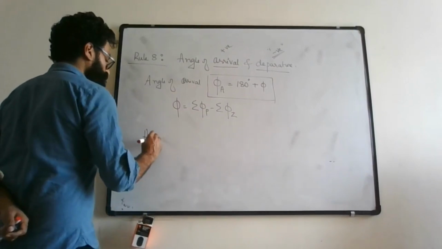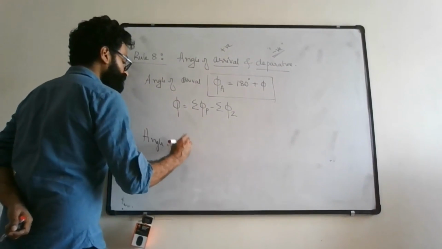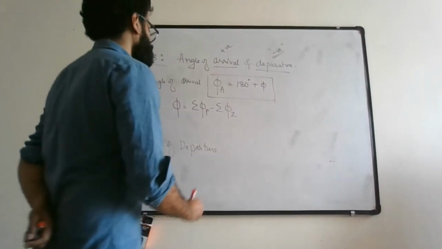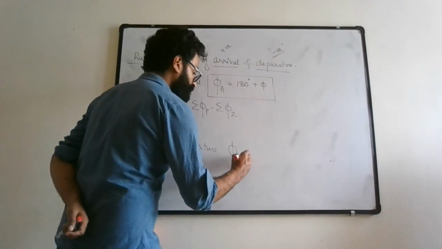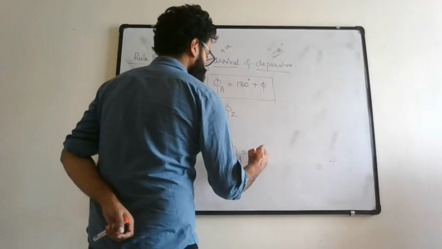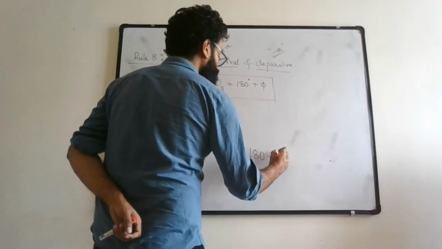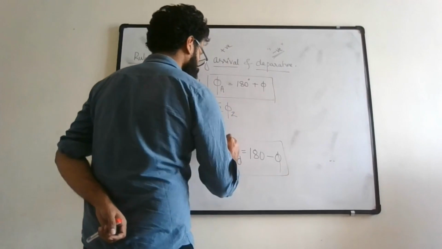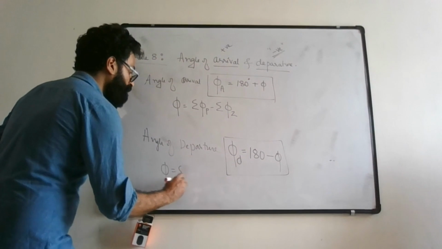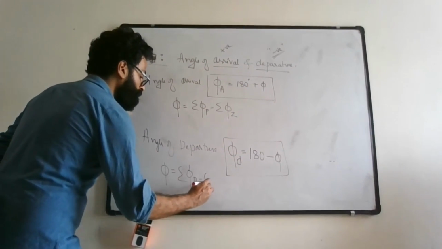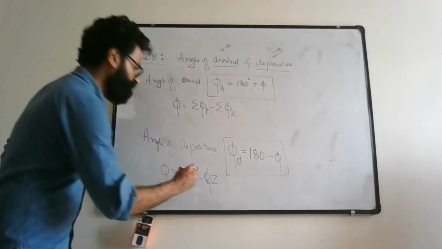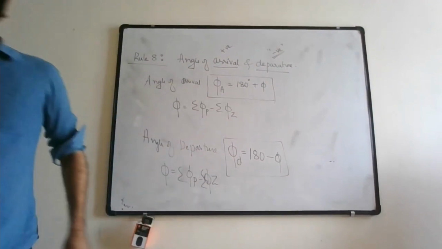Similarly, angle of departure is denoted by phi d, d for departure, and it is given as 180 minus phi, where phi is once again summation phi p minus summation phi z.